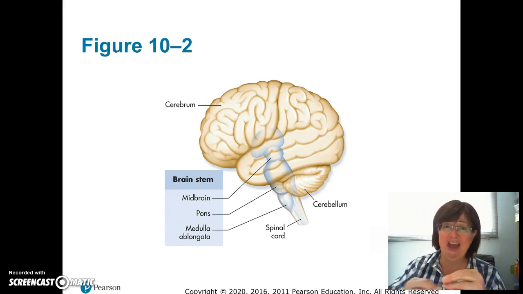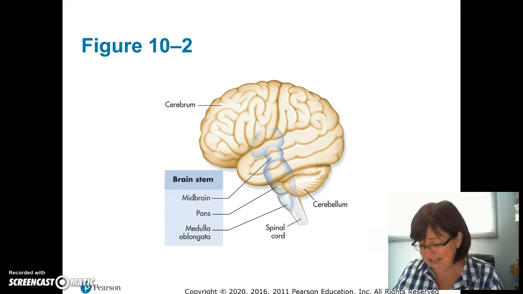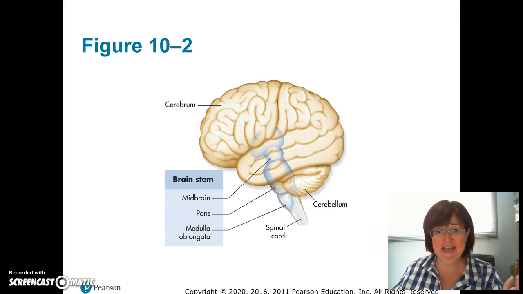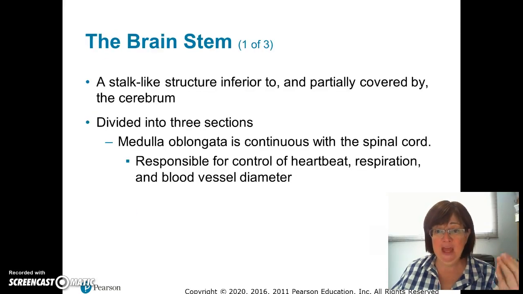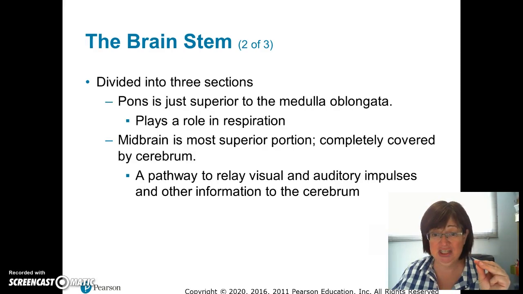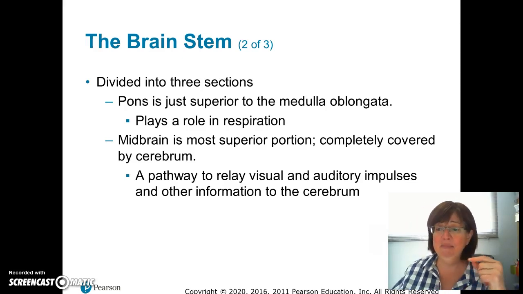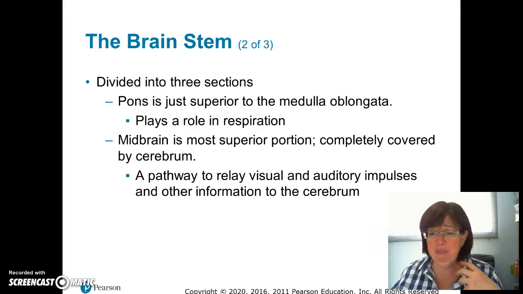They're involved in basic thoughts and basic functions. The medulla oblongata controls heartbeat, respiration, and blood vessel dilation. Very basic functions. Then you have the pons, which is a respiratory regulator. Then the midbrain is just a pathway for visual and auditory impulses to send information up.